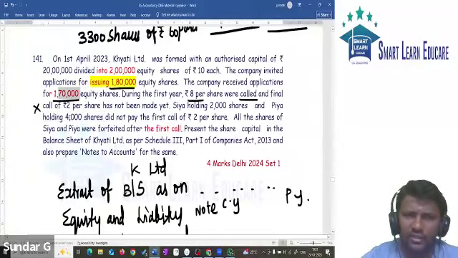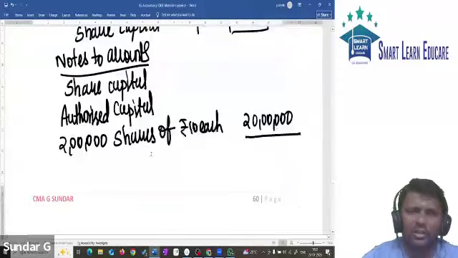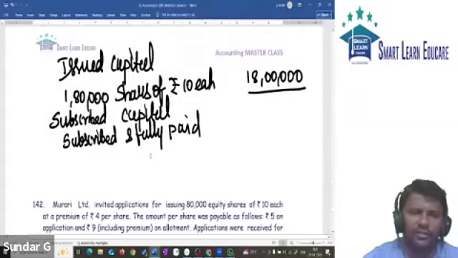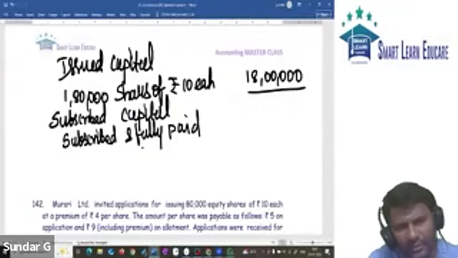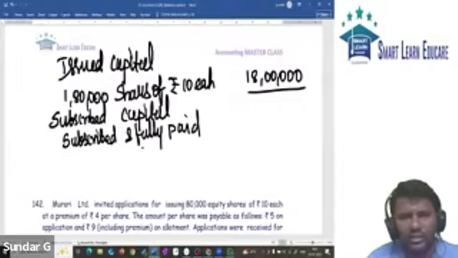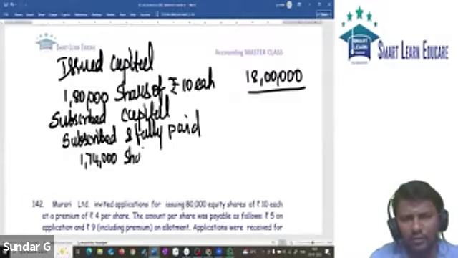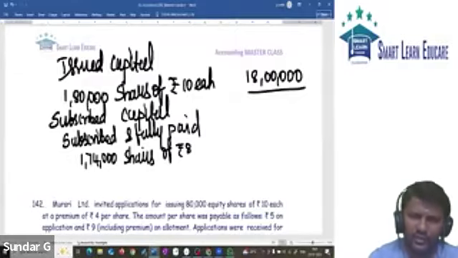So 170 thousand shares is what we have subscribed. Within the 170 thousand shares, how much is subscribed and fully paid? The 6,000 is not subscribed and fully paid. So reduce 6,000: 1,74,000 shares of rupees 8 called up.